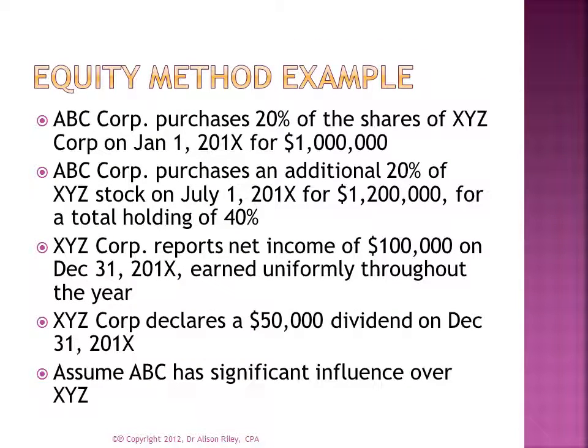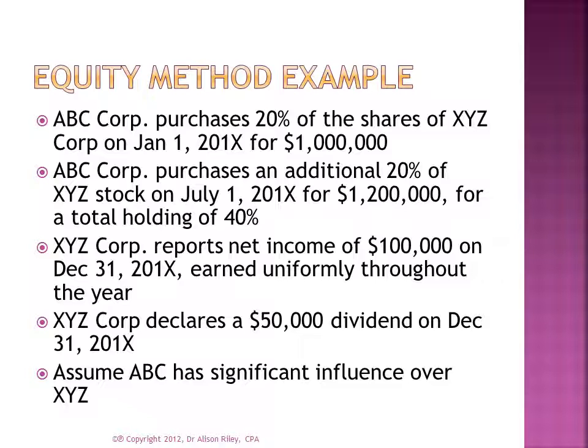Suppose ABC Corp purchases 20% of the shares of XYZ Corp on January 1st 10x for $1 million. Suppose also that ABC Corp purchases an additional 20% of XYZ stock on July 1st 10x for $1.2 million, for a total holding of 40%.